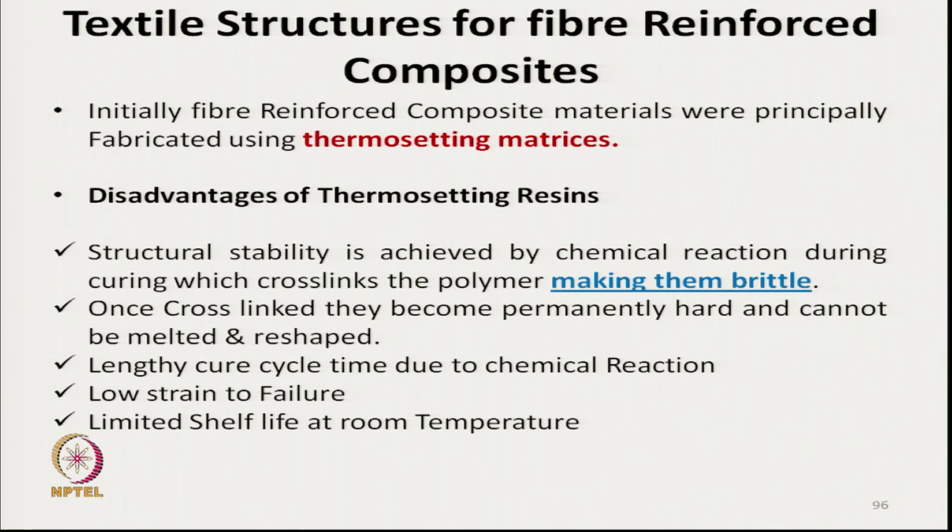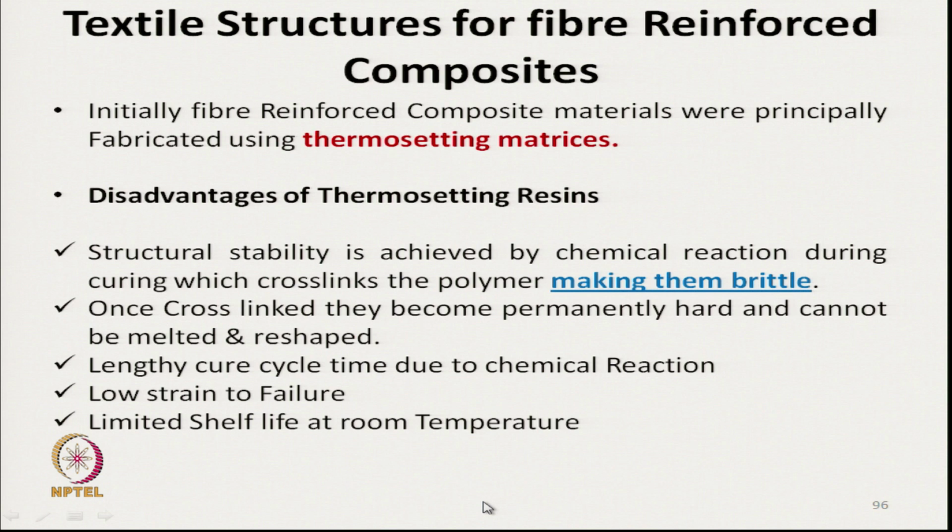So, that makes the matrix or composite brittle, and the transformation is basically permanent, as I have already mentioned. Lengthy curing cycle, low strain to failure, and limited shelf life at room temperature. These are the disadvantages of thermosetting resin.